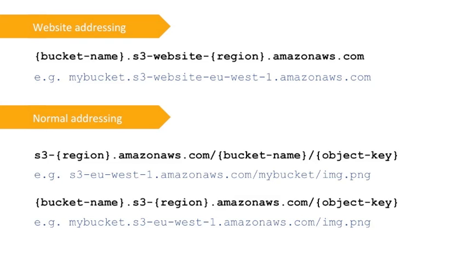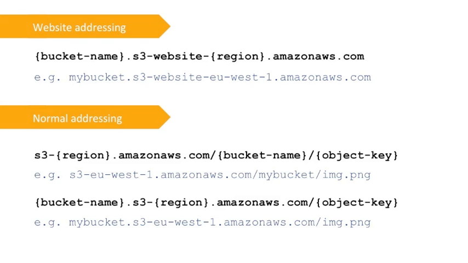Now that's versus normal addressing of buckets, which can take two forms. And we can see down the bottom there that I've either got my S3 region with a path style suffix for bucket object key, or I'd have, if you like, the subdomain type format with bucket name at the start and then my object key at the right there. So be aware that when you do website addressing, you'll get the S3 website in the URL, and it's that you can use then to manage DNS.